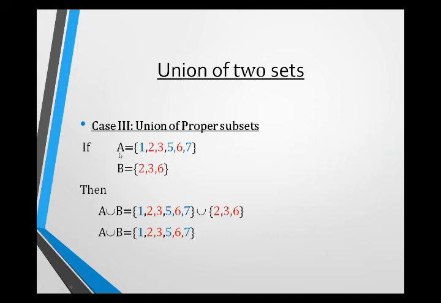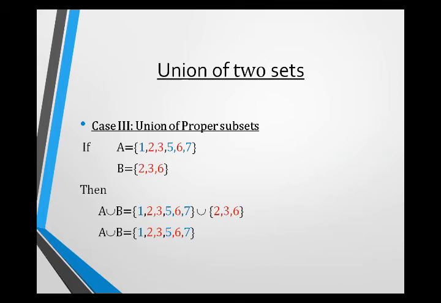Here we have a set A equals to 1, 2, 3, 5, 6 and 7. And we have a set B which is a subset of set A having the elements 2, 3 and 6. So here students, how do we find the union of a proper subset? We find two categories of members here.